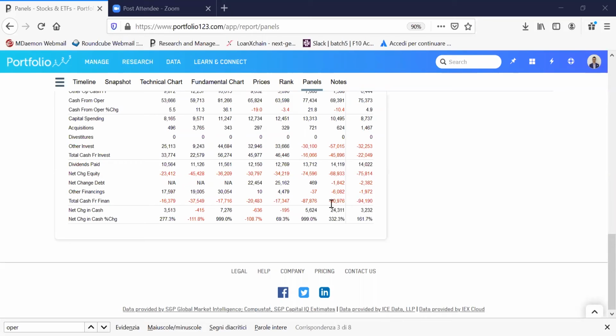So here we are seeing that what is paid out in equity and dividends is actually higher than free cash flow.